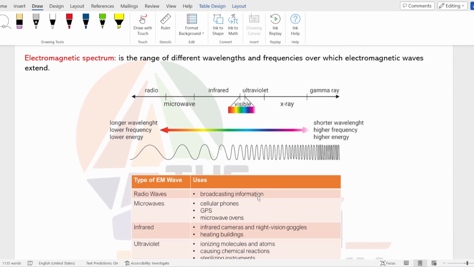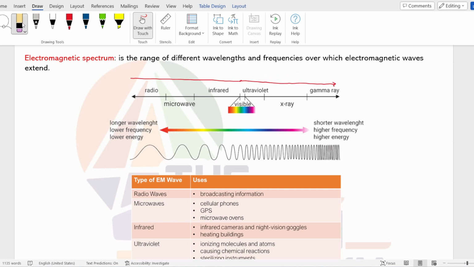We start from the gamma ray, then go to the X-ray, to the ultraviolet, visible light, infrared, microwaves, and radio waves. Or you can go from radio waves, then microwaves, then infrared, then visible light, then ultraviolet, then X-ray, then gamma ray. So we can either go from left to right or from right to left.